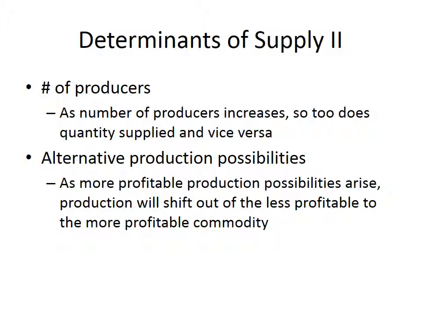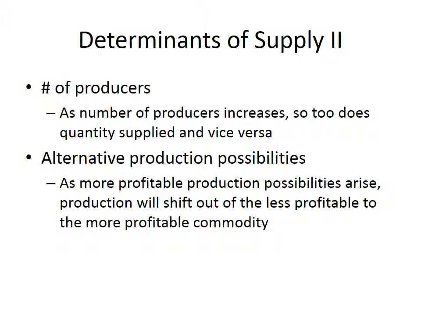So if I keep my price the same and he raises the cost of my fish, I'm going to make less money off every fish sandwich. Now let's suppose at the same time that my ground beef supplier drops the price of ground beef. I keep the price of my hamburgers the same. He drops the price of the beef. I'm going to make more money. It's going to be more profitable. So I'm going to shift more of my production into hamburgers.